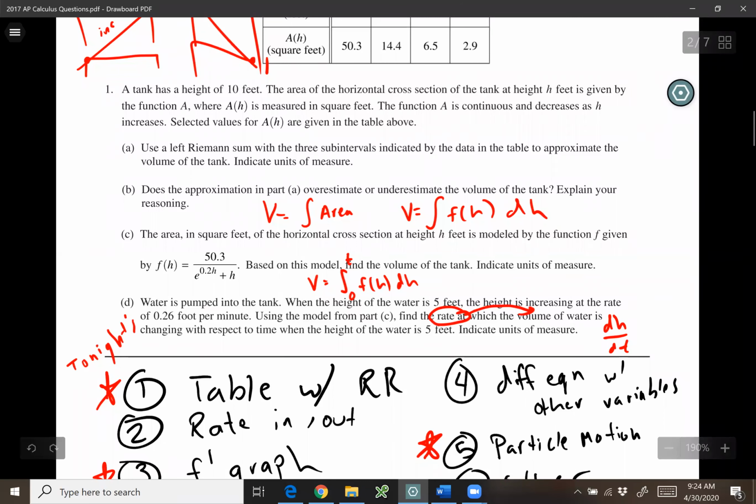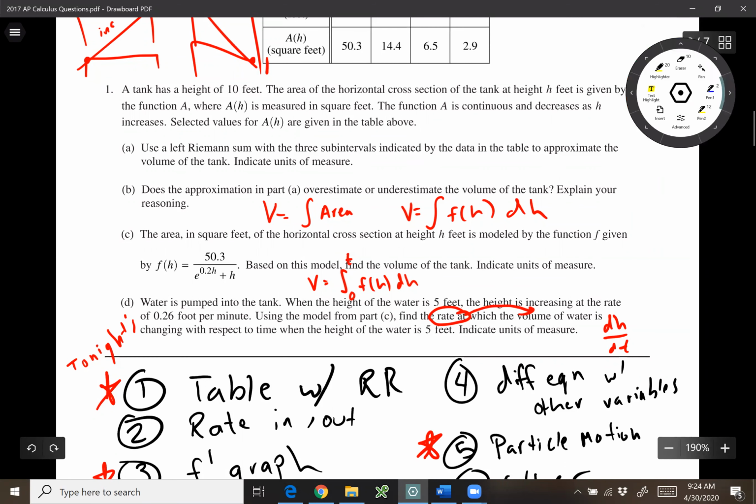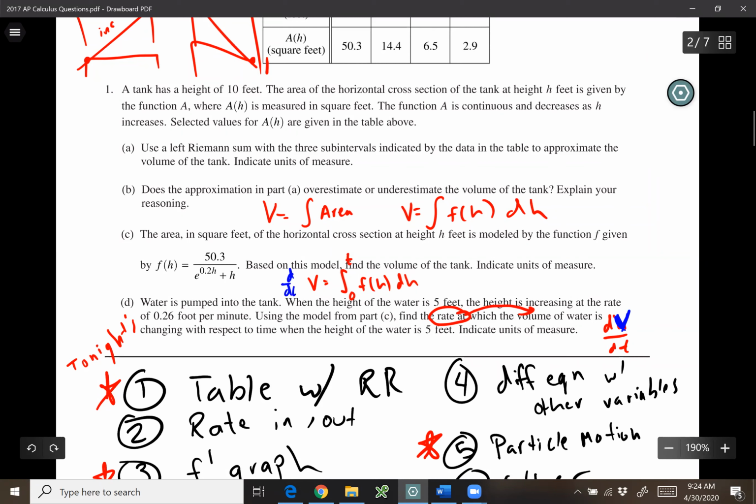Okay, so in order to find the derivative, sorry, dV dt, we're going to do the derivative with respect to time. What's going to happen is that this is going to plug in. So dV dt is going to be equal to dV dh times dh dt.